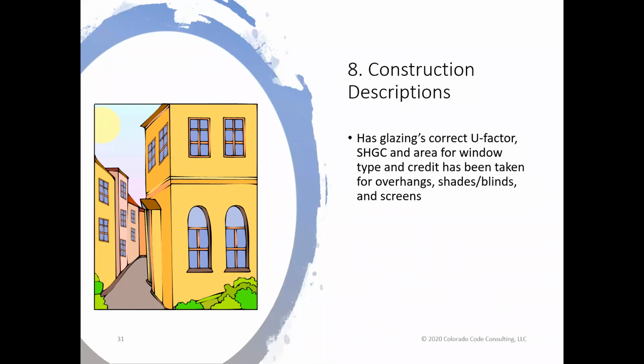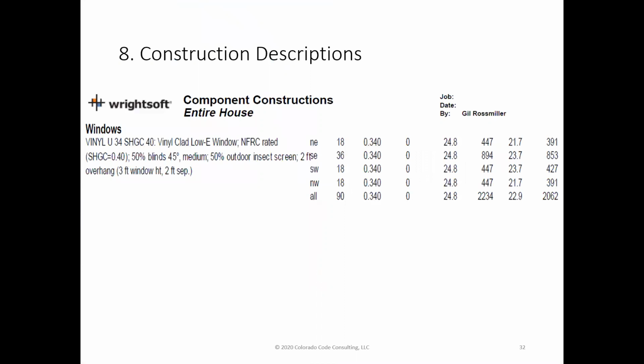Construction has the correct glazing U factor, solar heat gain coefficient, and window areas. And one of the hardest things to get them to do is this right here. Credit has been taken for overhangs, shades, blinds, and screens. Big deal, okay? Windows should look like this.